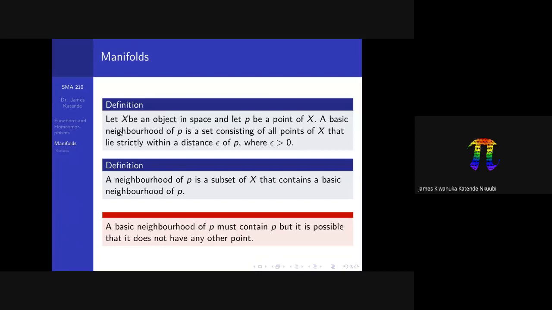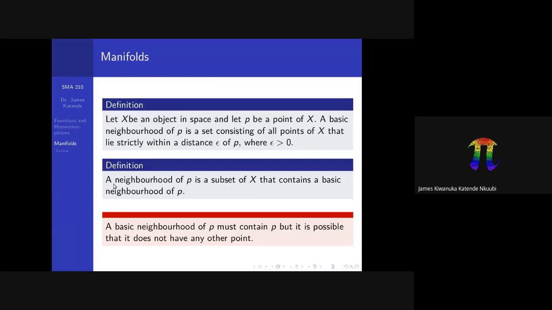Let X be an object in space, and then we pick a point P in X. A basic neighborhood of P is simply all the points of X that are strictly within a distance epsilon of P, where epsilon is greater than 0. We shall see some examples shortly.